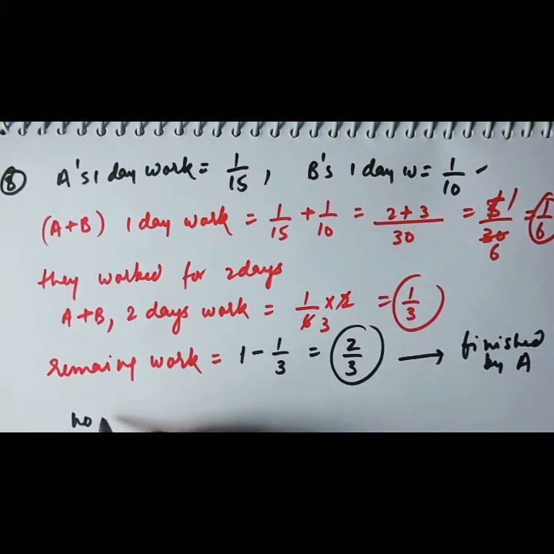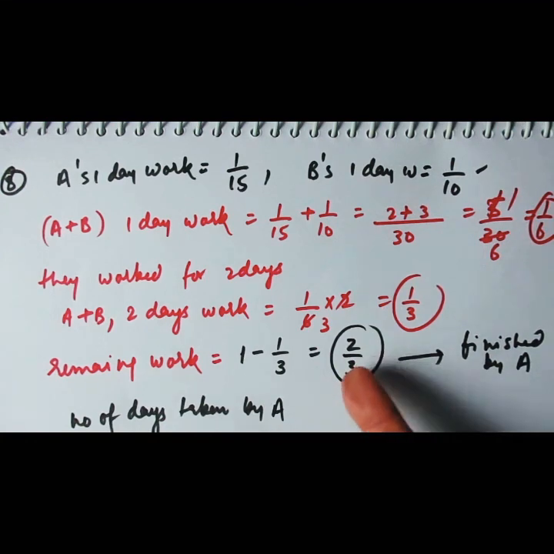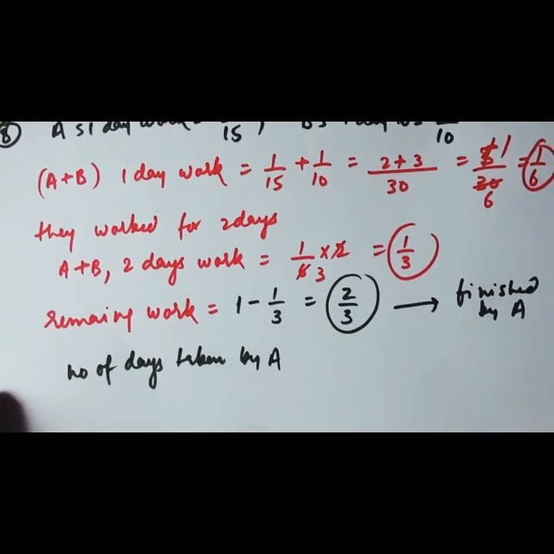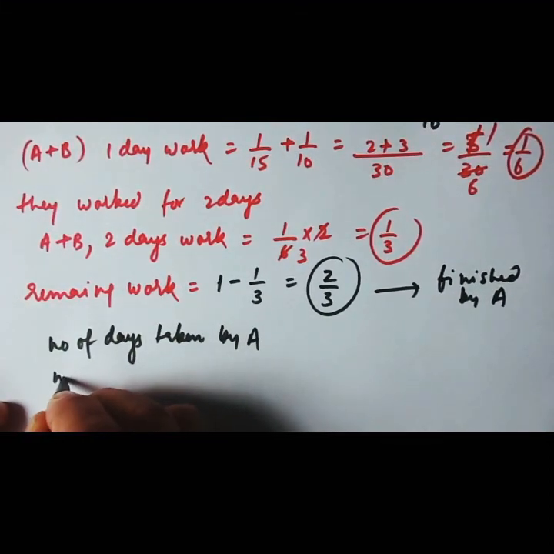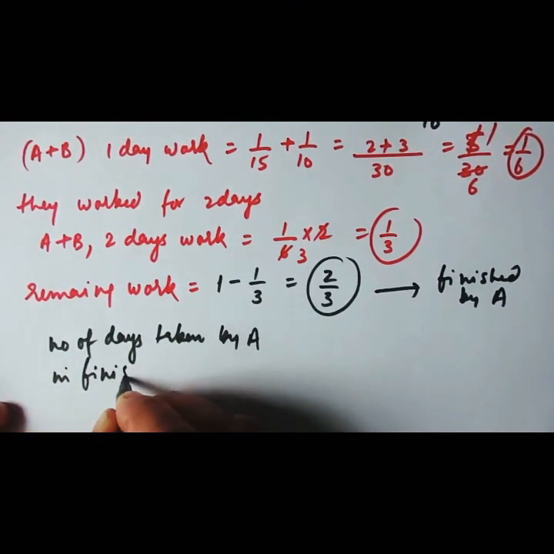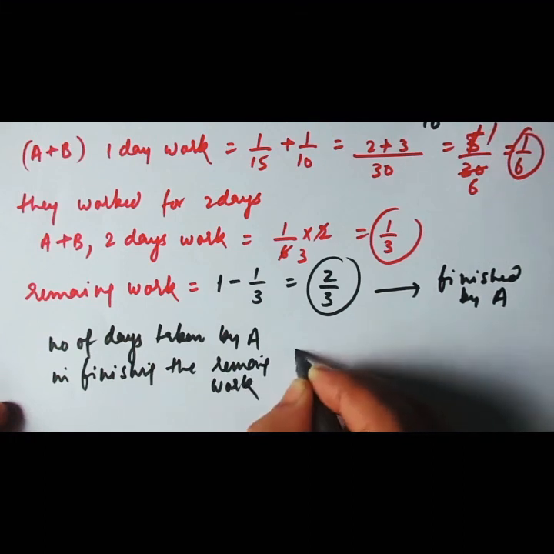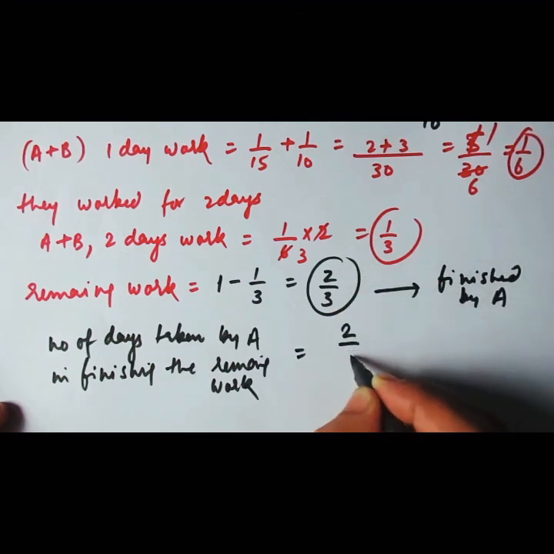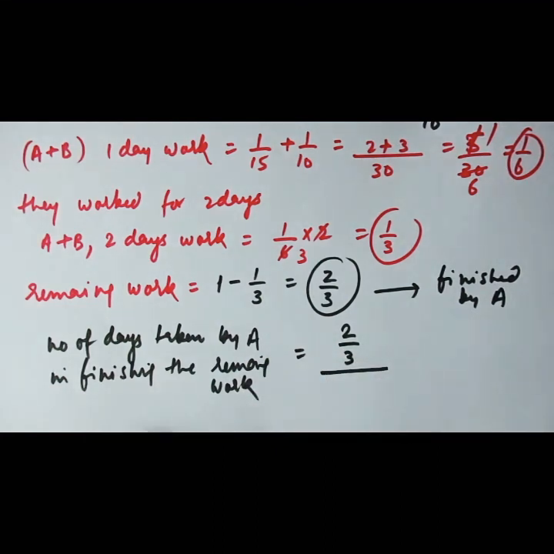The number of days taken by A in finishing the remaining work will be equal to 2 by 3, that is, remaining work divided by A's one day capacity.